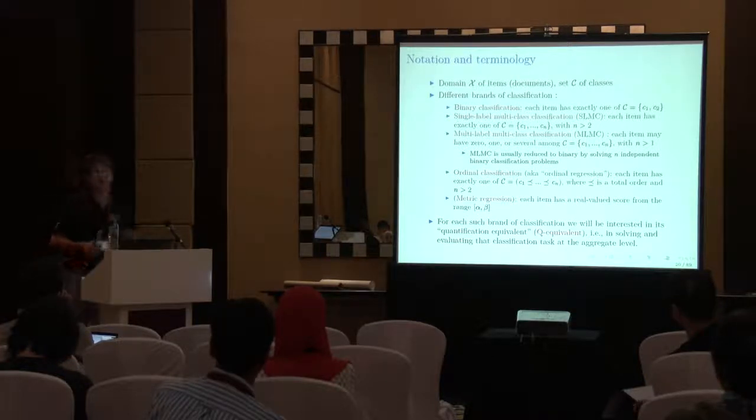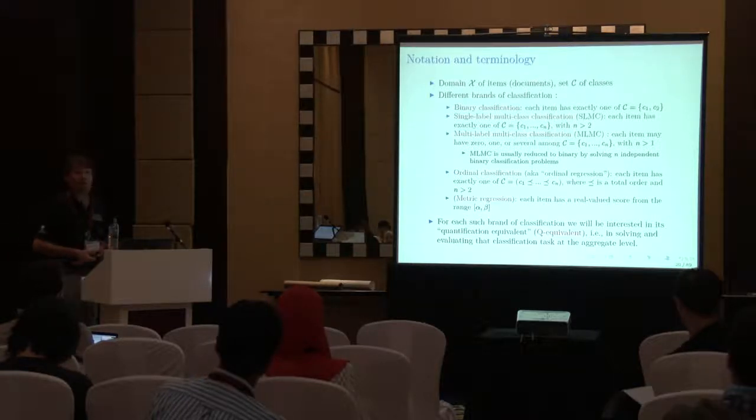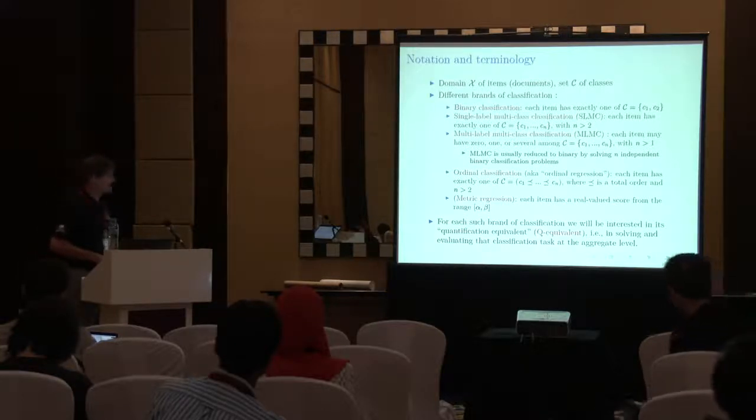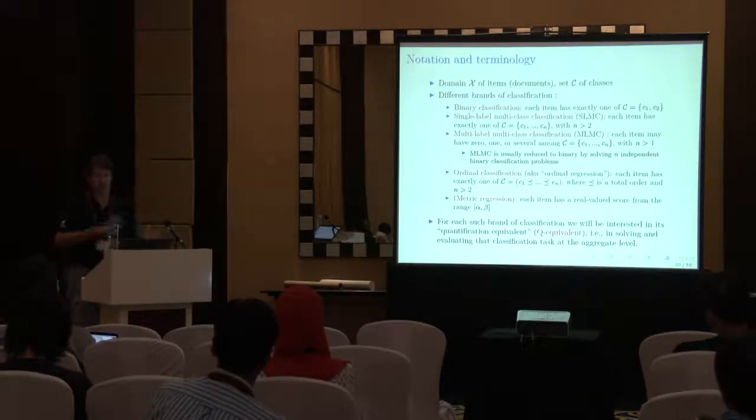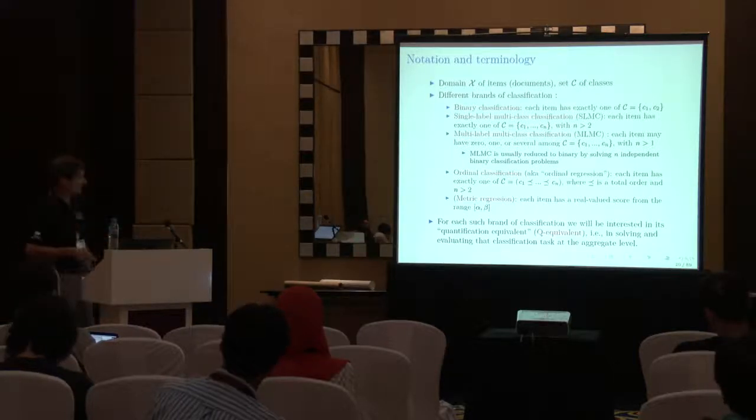These are the standard types of classification, and each of them has a quantification equivalent that we will be interested in. A slightly more exotic type is ordinal classification, also called ordinal regression. This is when the n classes are ordered, such as when we have product reviews classified as 1 star, 2 stars, 4 stars, 5 stars.